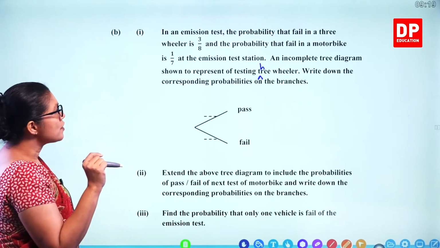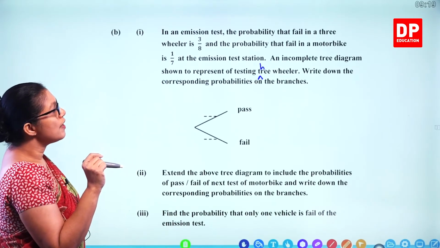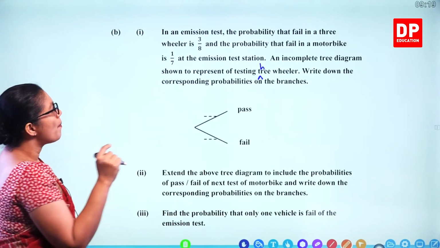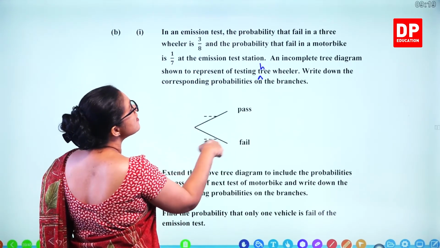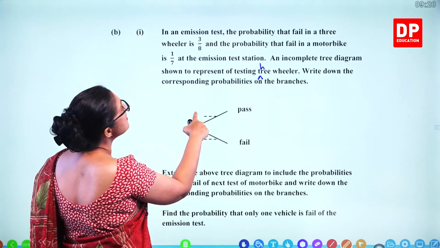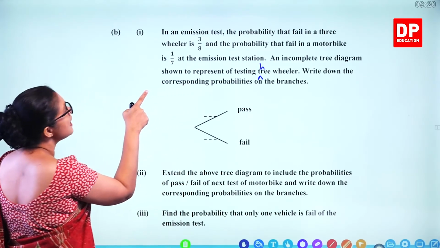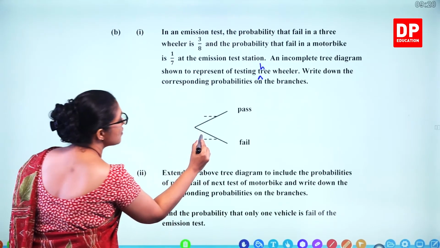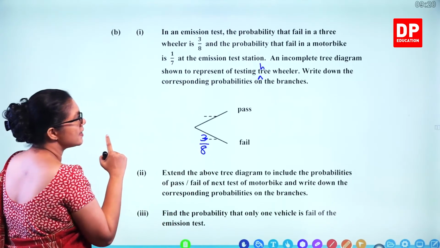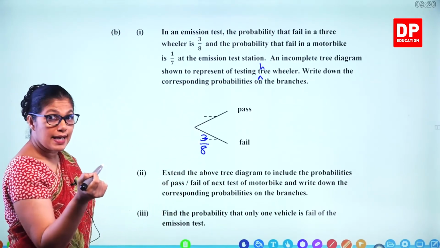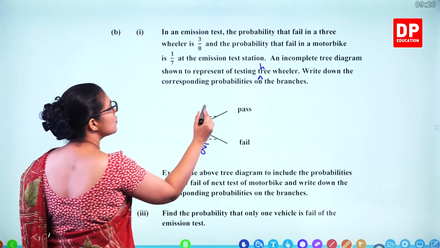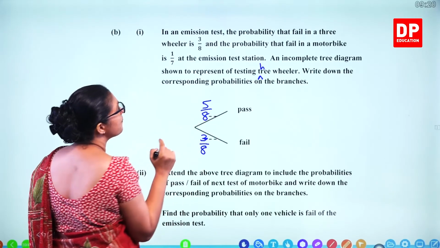Write down the corresponding probabilities on the branches. So passing and failing. This is about the 3-wheeler. What is the failing probability? That's 3/8. So this is 3/8. What is the passing probability then? 1 minus that, so 5/8.